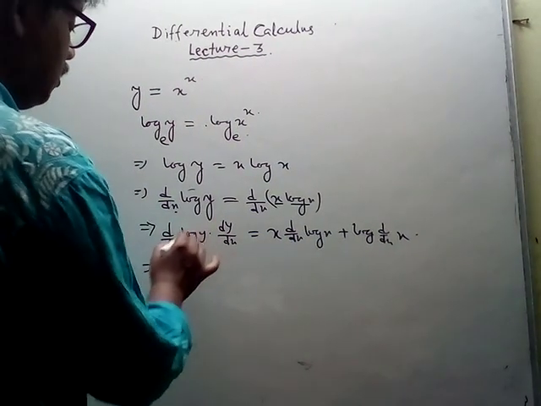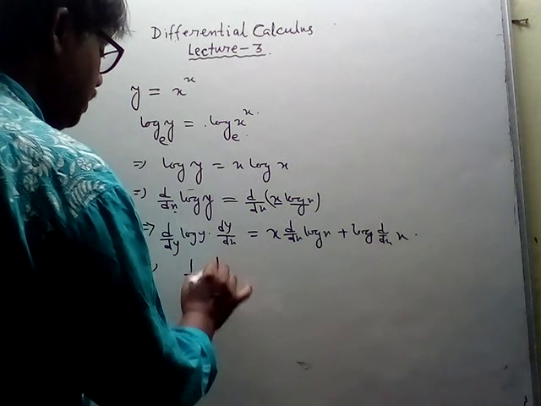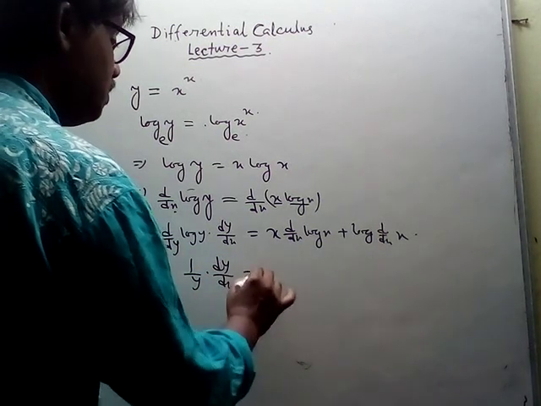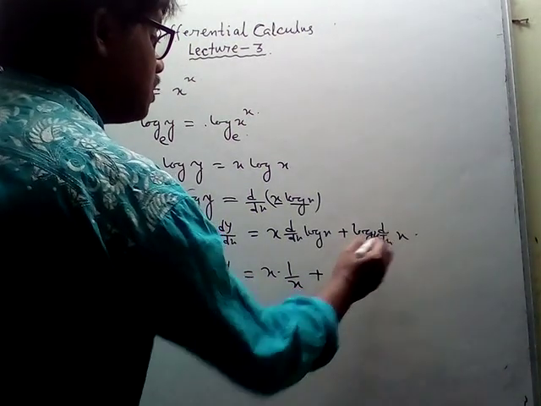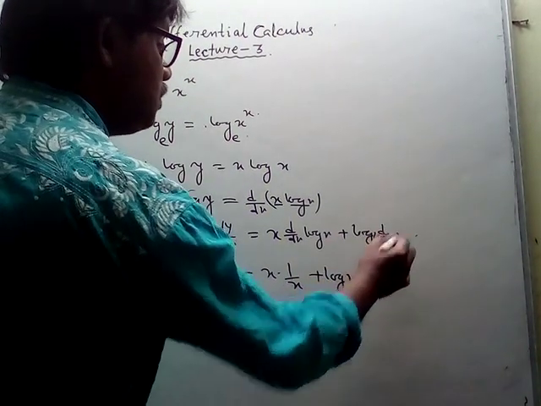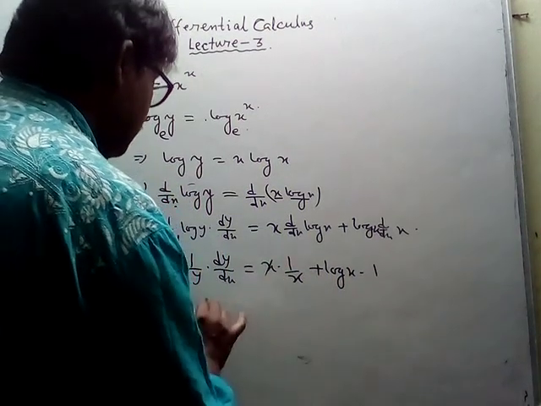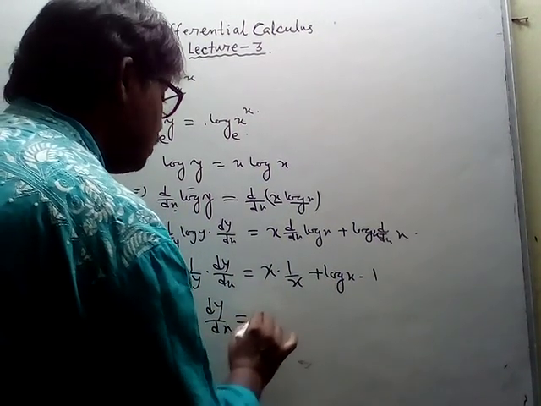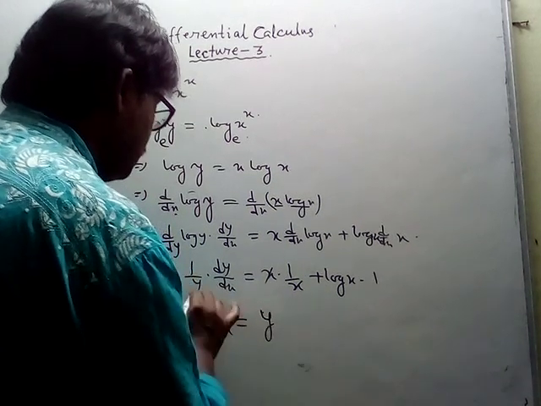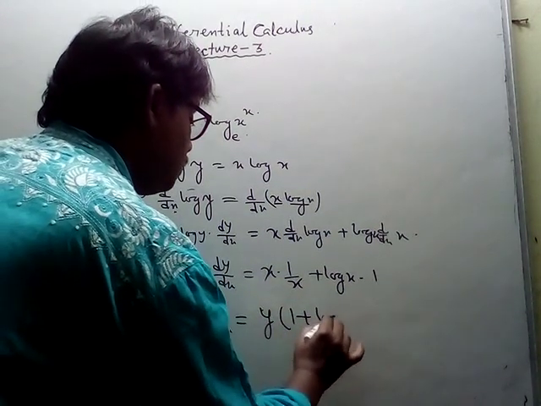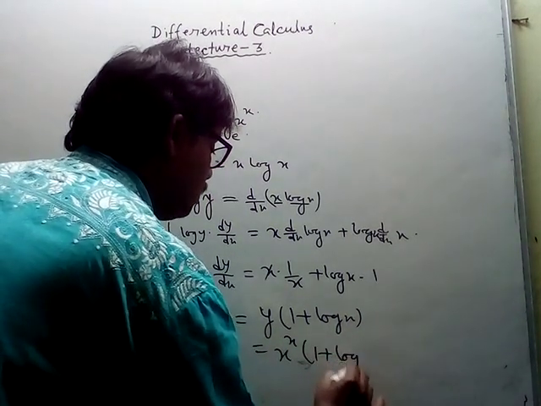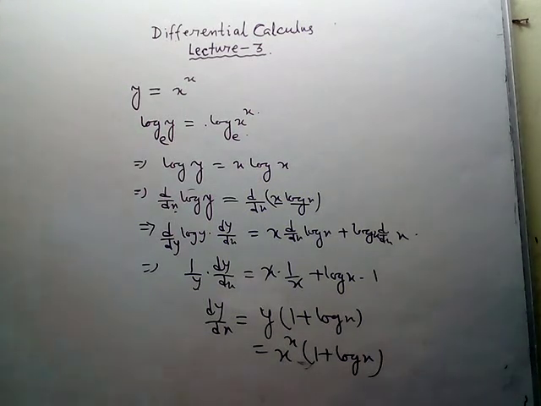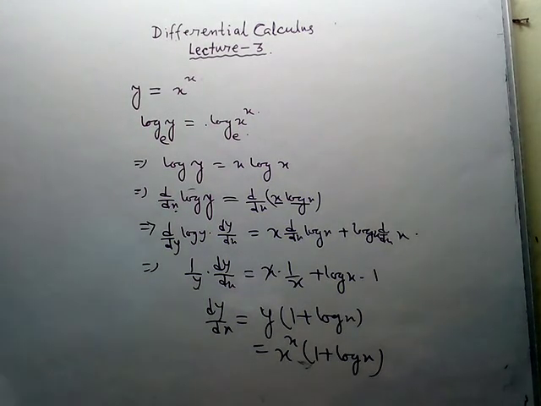The derivative of log y with respect to y gives 1 by y dy/dx equals x into 1 by x plus log x into 1. The x cancels, so dy/dx equals y times (1 plus log x). Y means x power x, so the derivative of x power x is x power x into (1 plus log x).